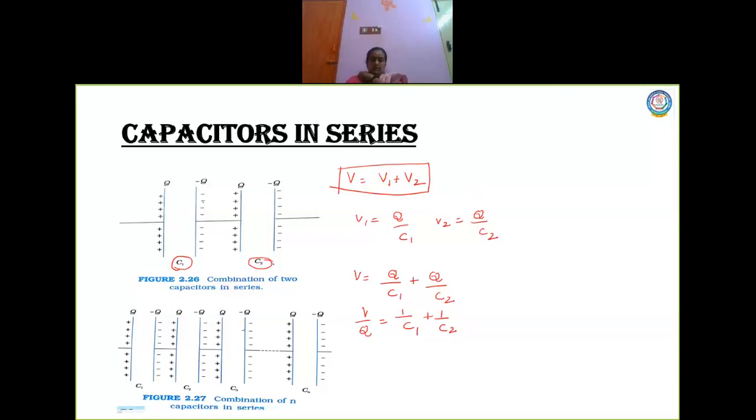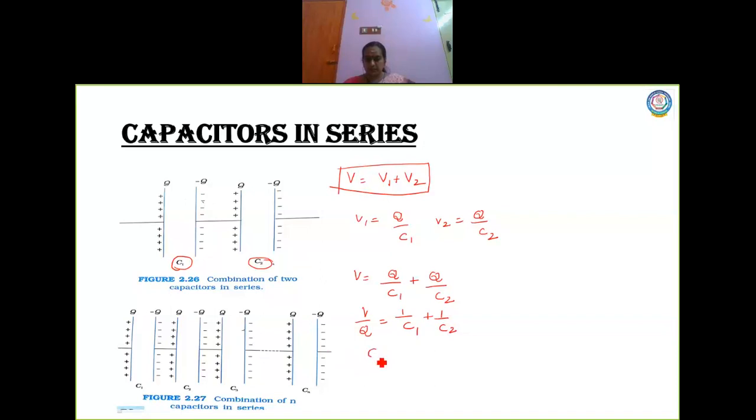So this is nothing but the combination of an effective capacitor with charge Q and potential difference V. So now V by Q is equal to 1 by C1 plus 1 by C2. Now what will be the effective capacitance of this combination?